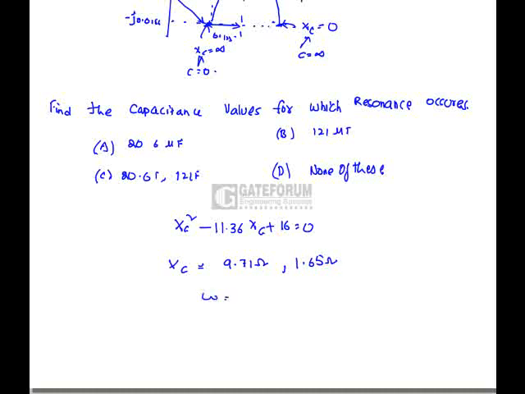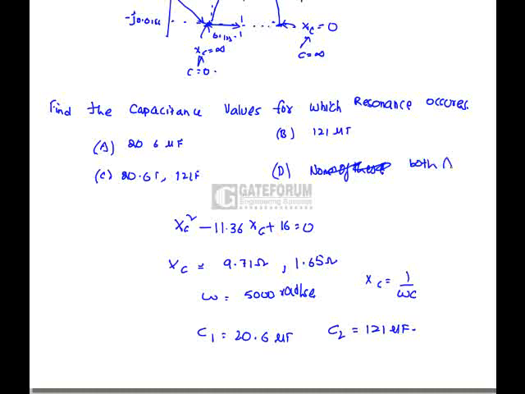So we know ω equals 5000 radians per second, Xc is nothing but 1 by ωC. Here C1 is 20.6 microfarad, C2 is 121 microfarad. That is both A and B, that is option D is correct.